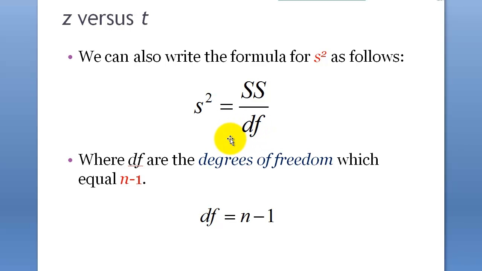Because when we are not sure of the standard deviation, when we are using a sample, the samples are not the exact representation of the population, so it varies. Each time you pick a different sample, this value is going to change.